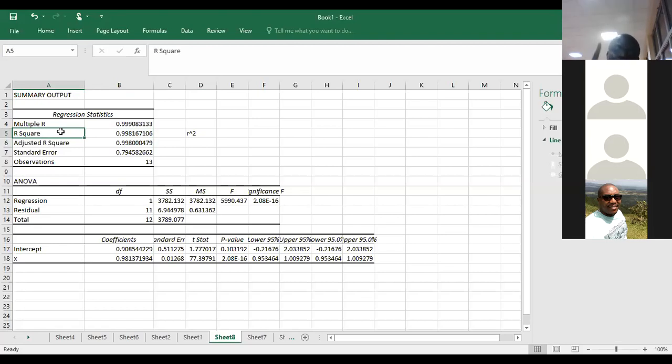The higher the coefficient of determination, the better the line. In fact, if R square is equal to 1, then all the points will lie on a straight line.